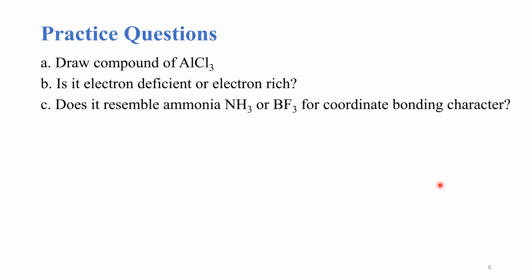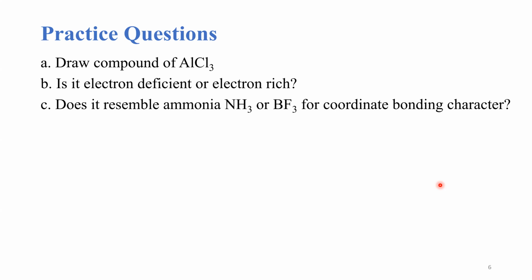The second part is you have to tell from this molecule which atom is electron deficient or which atom is electron rich. So you have to decide whether the AlCl3 molecule has an atom which is electron deficient or an element which is electron rich.